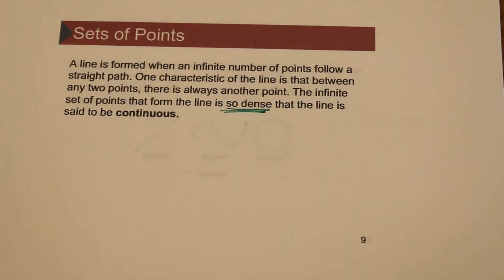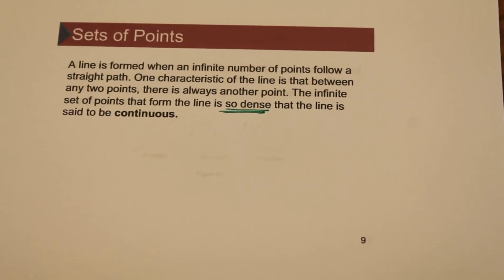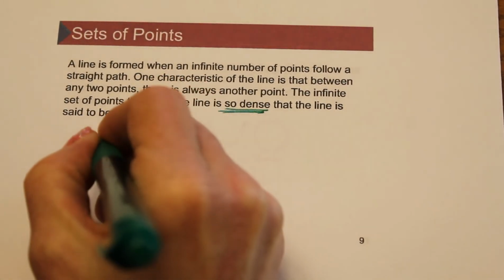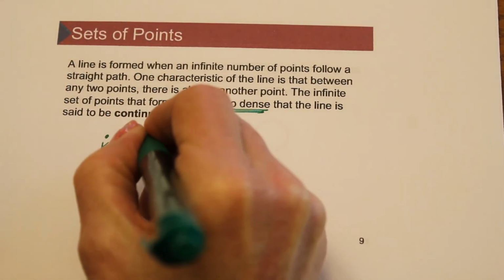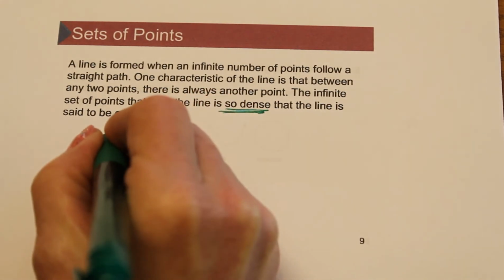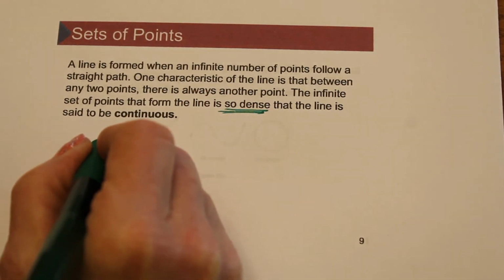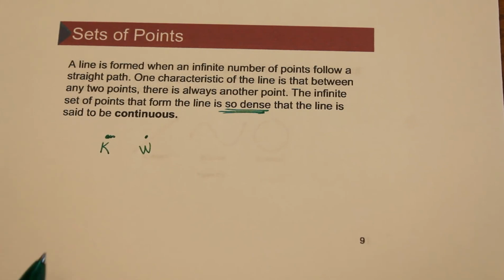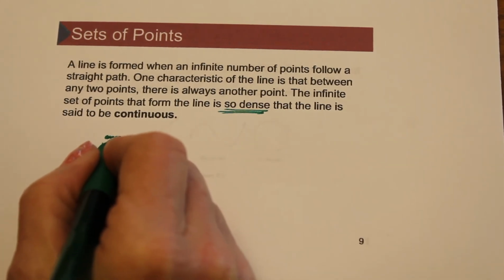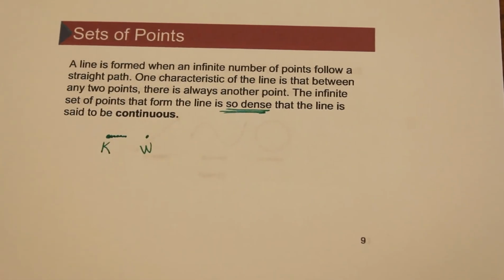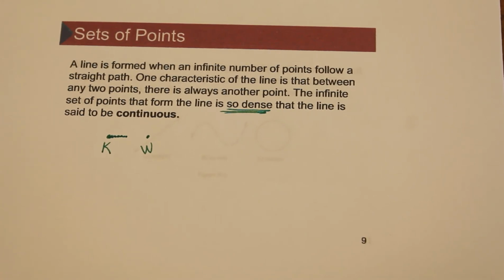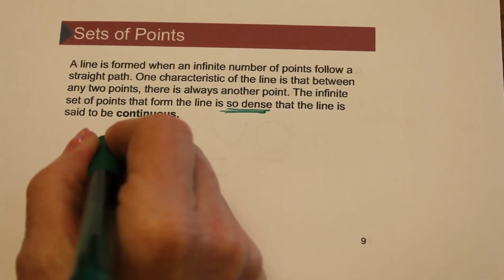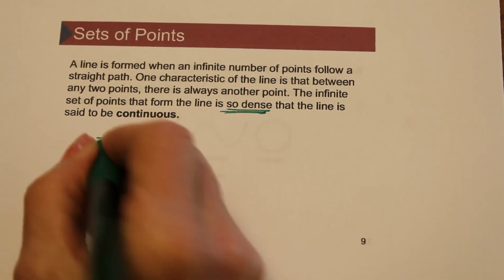So the line is considered continuous. Here I have the point K, and here I have the point W, but there's a point right next to it, and a point right next to it, and a point right next to it. In fact, there could be points in between all of those points as well. So that's why this line would be considered continuous.